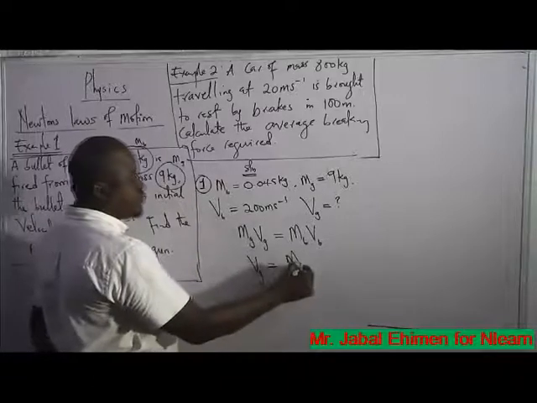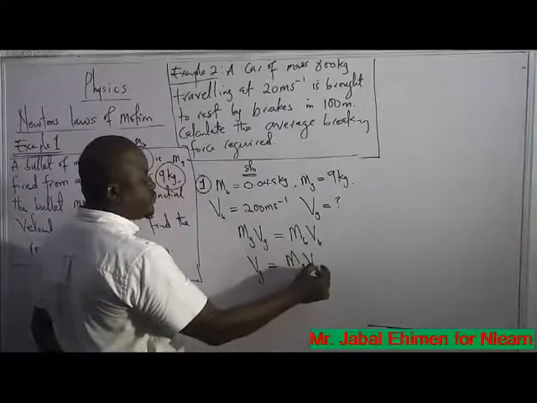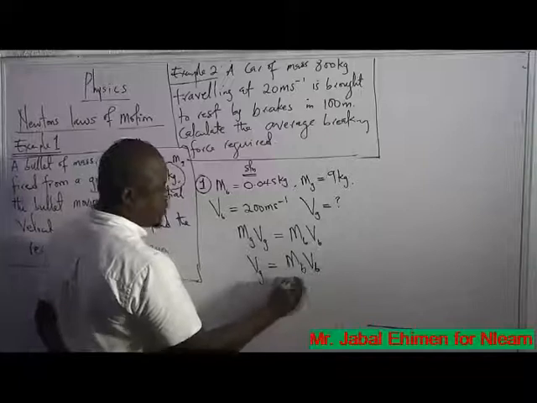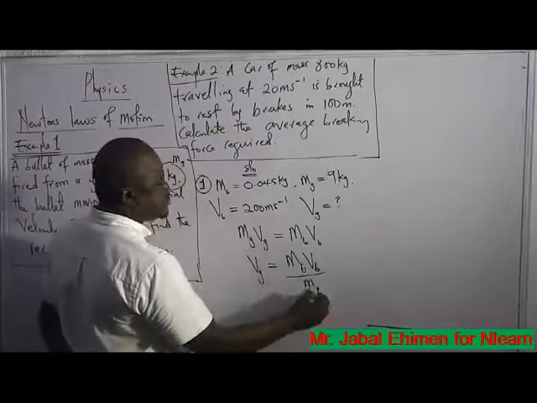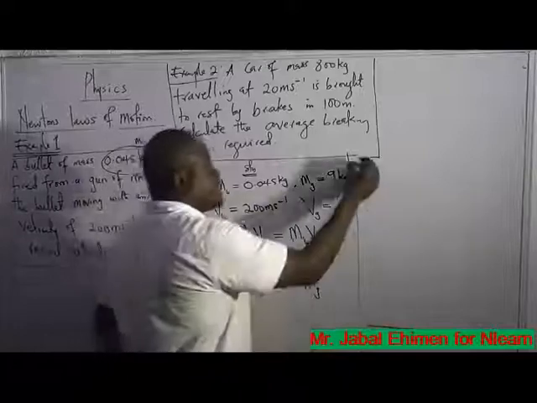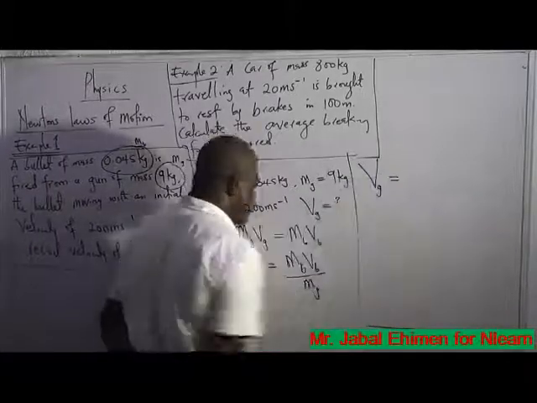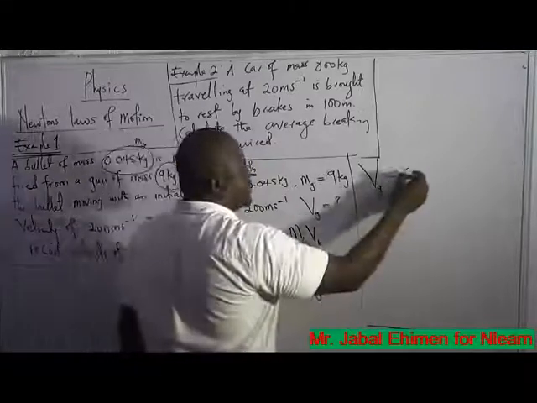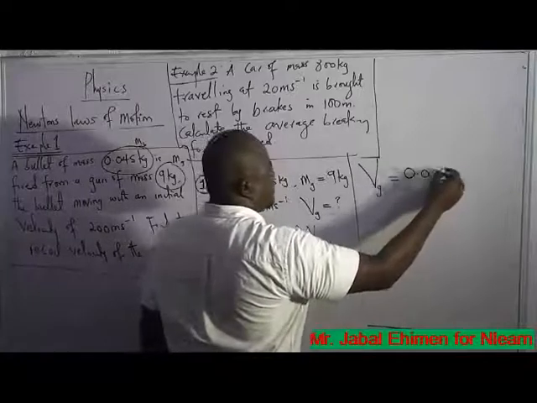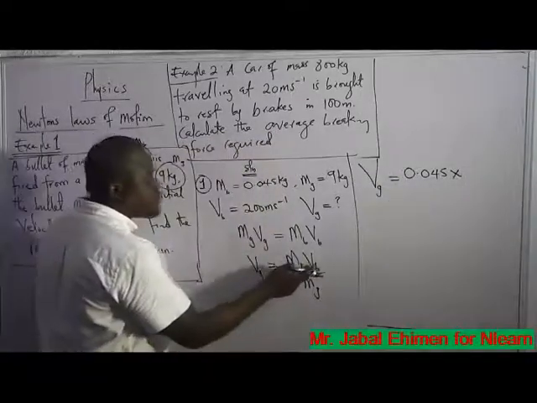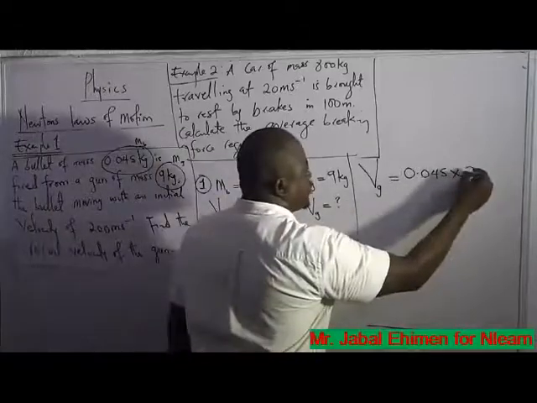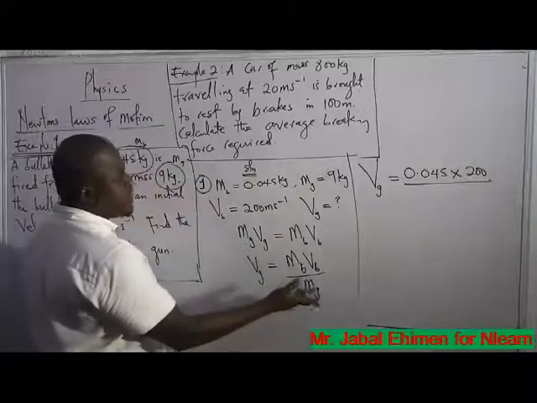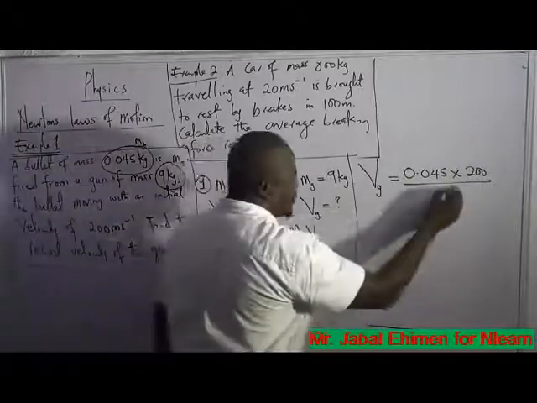That becomes mass of bullet times velocity of bullet divided by mass of gun. So velocity of gun is equal to 0.045 times 200, divided by 9.